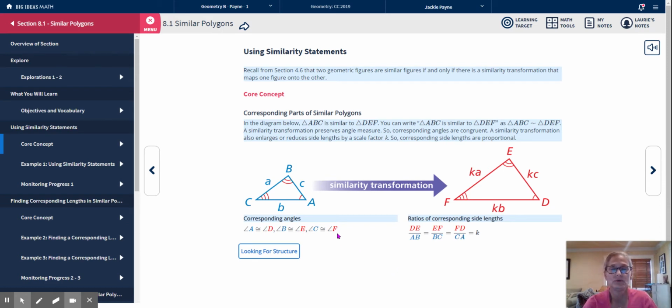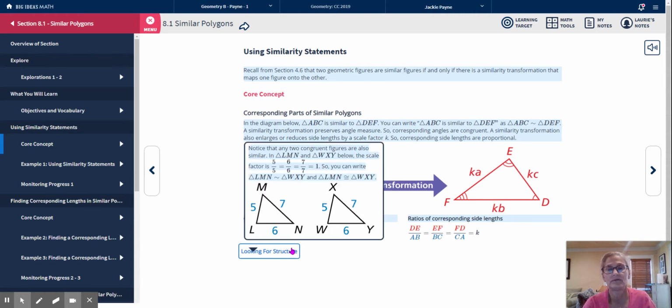So if you take a look and they're the same direction, then A is similar to D, C is similar to F, B is similar to E. And you'll see that they're marked, the measurements are congruent. The ratios of the sides are also equal to k. So if you look for some structure, notice that any two congruent figures are also similar.